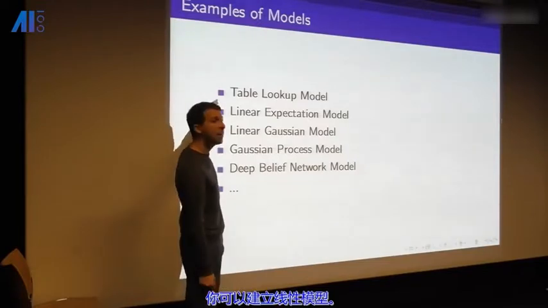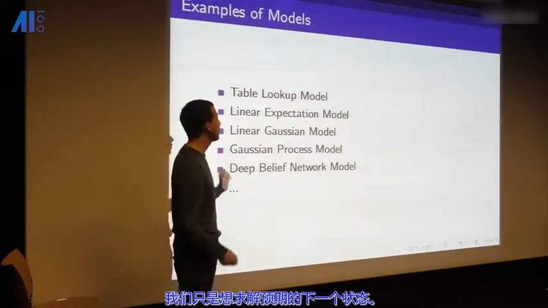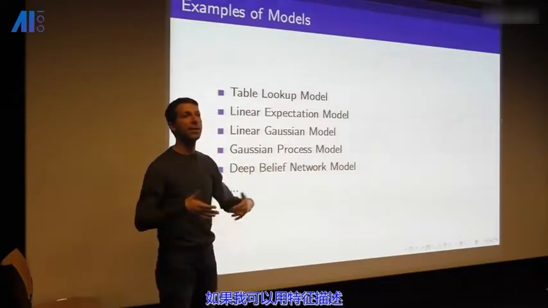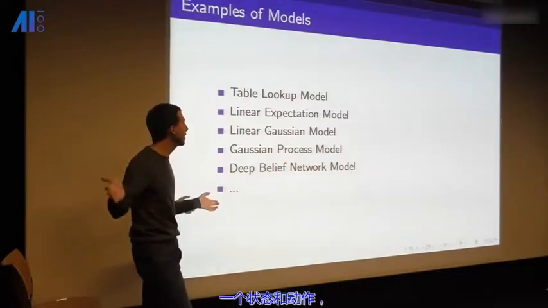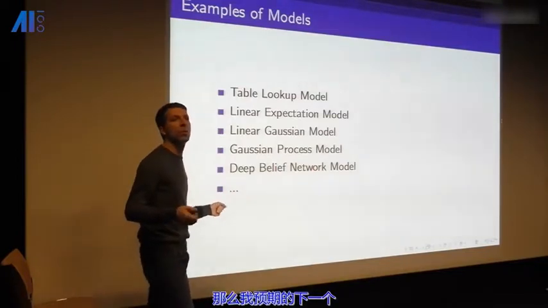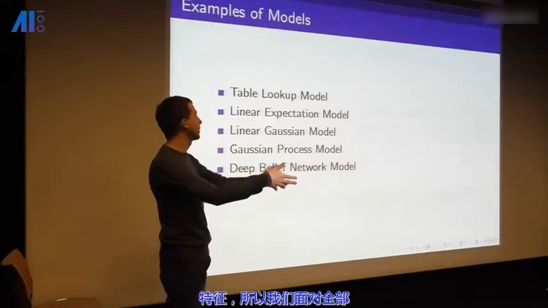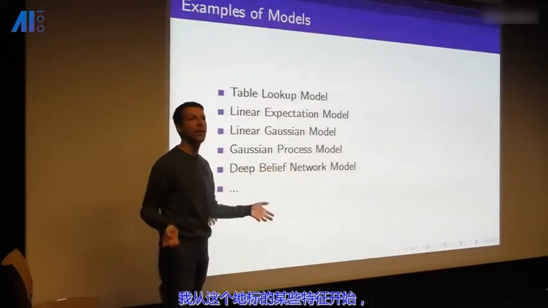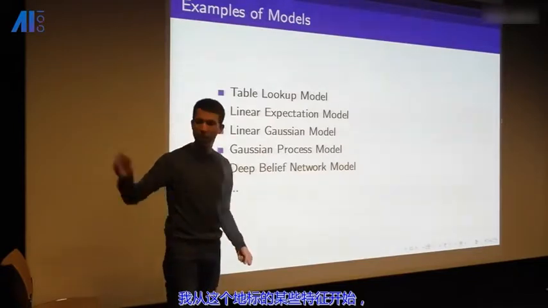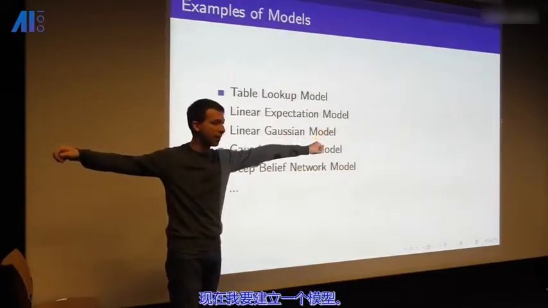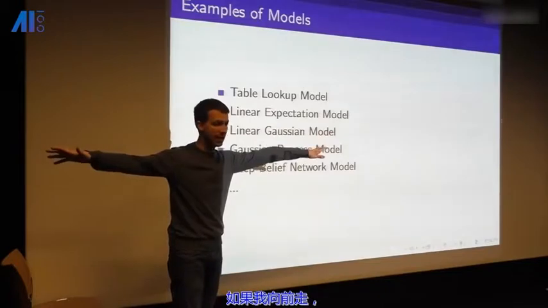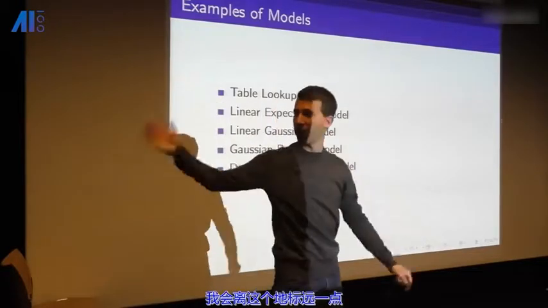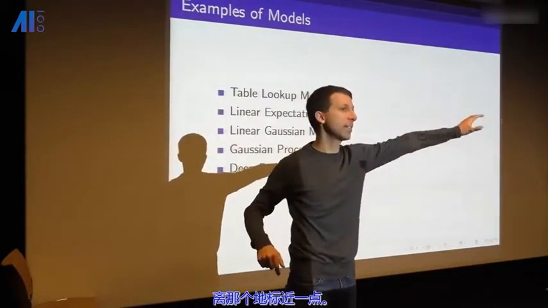You could make a linear model, where you basically say, what's the expected next state if I have some features describing my state and action, what will my expected next features be? So we can apply a linear model to our feature vector and say, I start off in some features, I'm this far from this landmark, this far from this landmark, and now I'm going to make a model that says, if I go forward, then I'll be a little bit further away from this landmark and a little bit closer to that landmark.